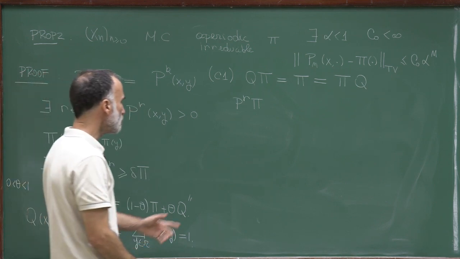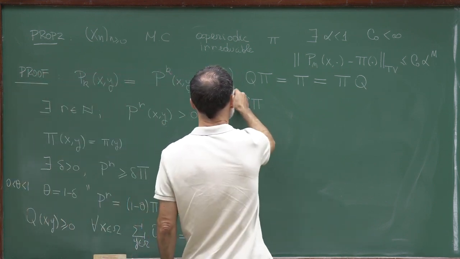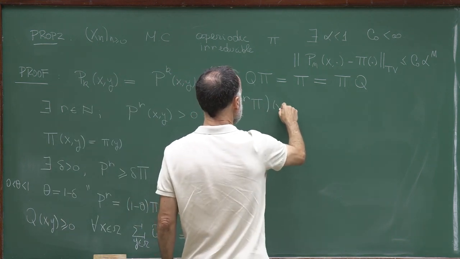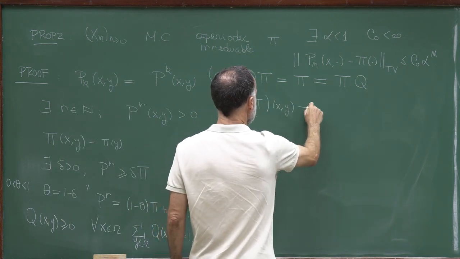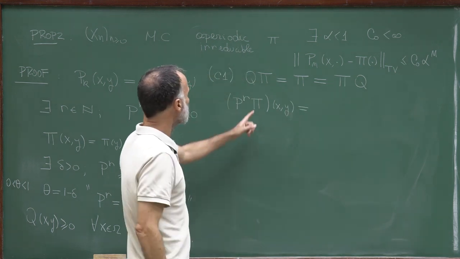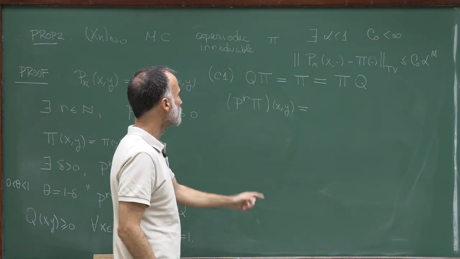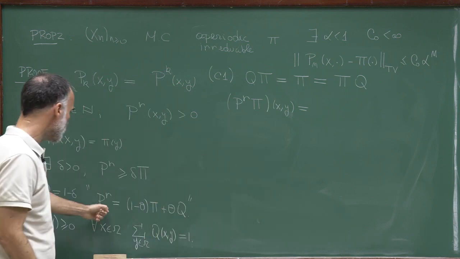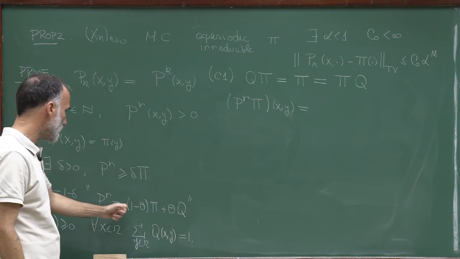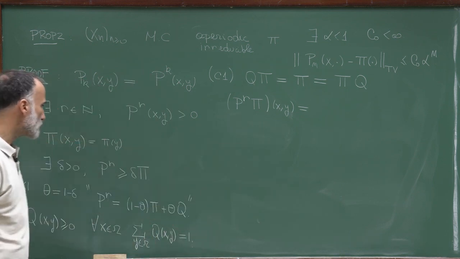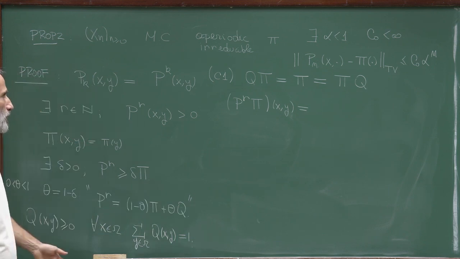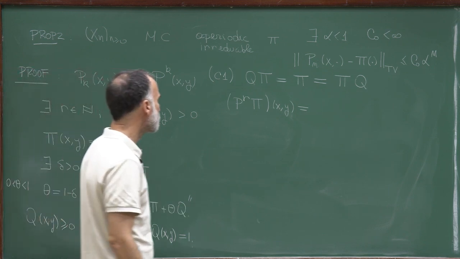So P^r pi at (x,y). Let's say that I'm first proving that identity. So in order to do that, I'll take a product of pi on both sides of this identity and see what we get.